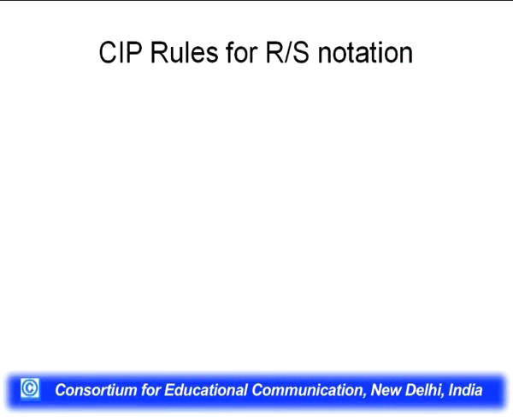So, you can see the next slide says CIP rules for RS notation. So, what I have been telling about goes into the fact that there was something which was required to write down the structures and to communicate, like we communicate in our language. We know that there is a proper grammar.